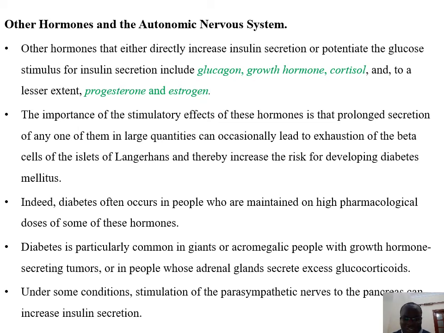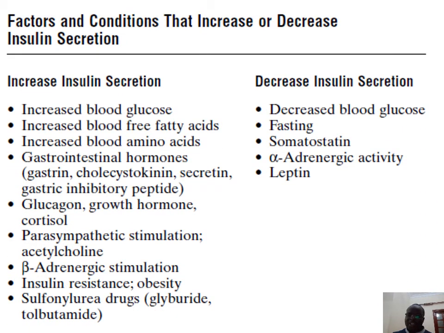Under the same conditions, stimulation of parasympathetic nerves to the pancreas can increase insulin secretion. So the sympathetics will inhibit, while the parasympathetics can increase insulin secretion under certain conditions. This table summarizes the factors that can increase or decrease insulin secretion.